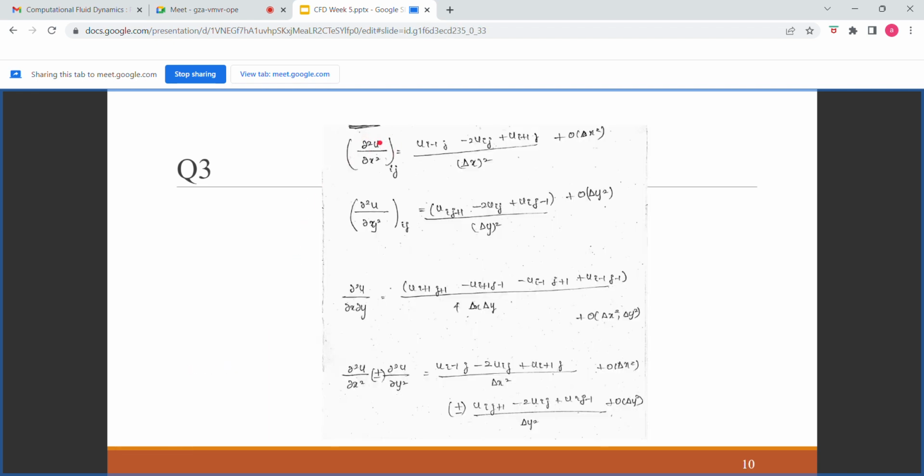Del squared u by del x squared at (i, j) is given by (u i minus 1, j minus 2 u i, j plus u i plus 1, j) by delta x squared. It is second order accurate.